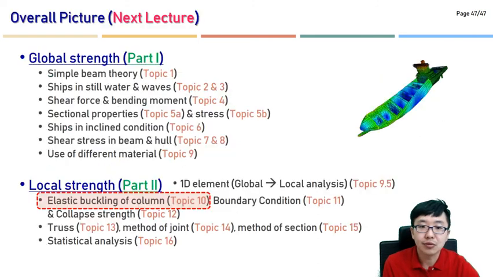But all the details will be introduced again, like here in topic 10 to 11, 12 will be the column, the buckling methods, collapse strengths, and truss, mass of joint, and section method. I will introduce truss members, how we're gonna utilize it for offshore structural design, and last part will be the statistical analysis.